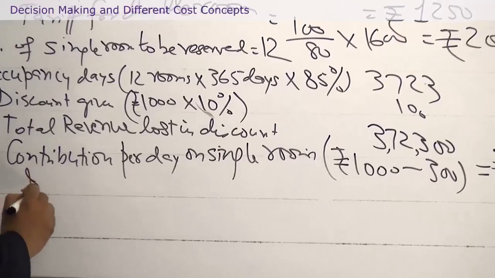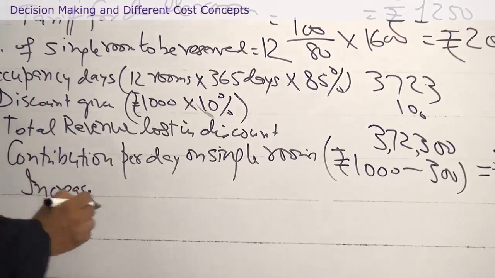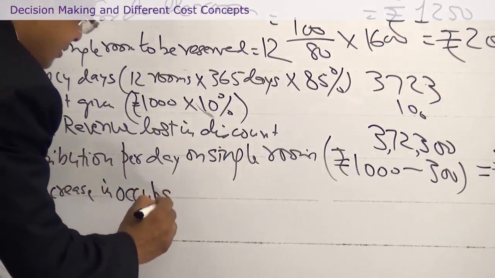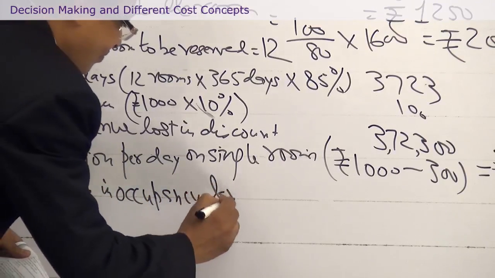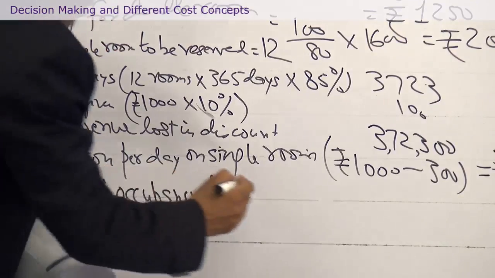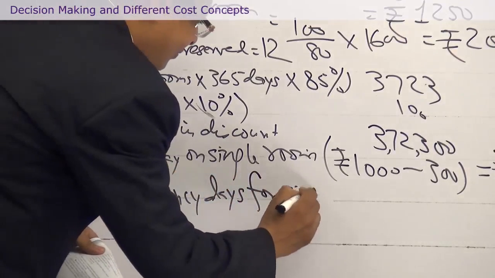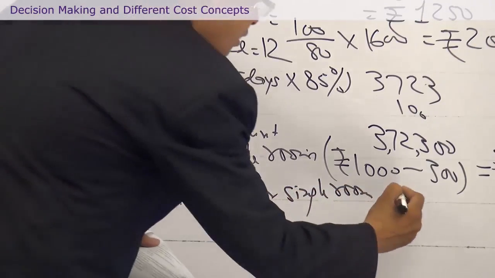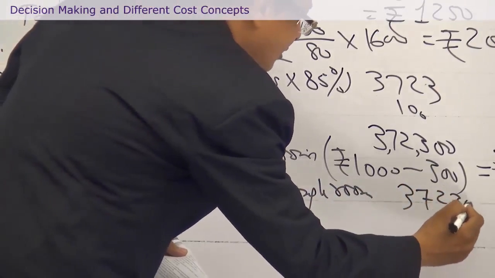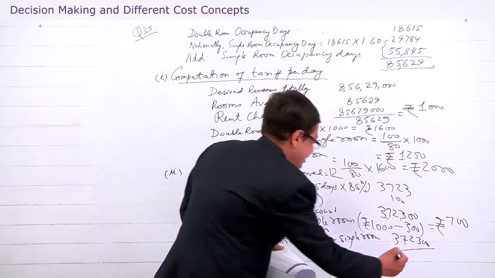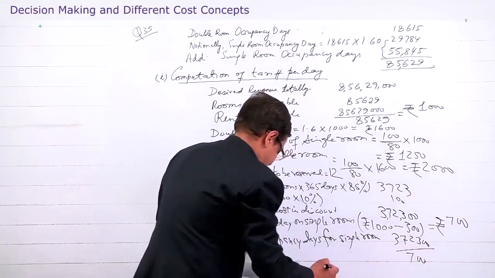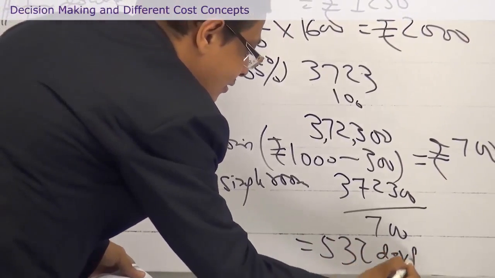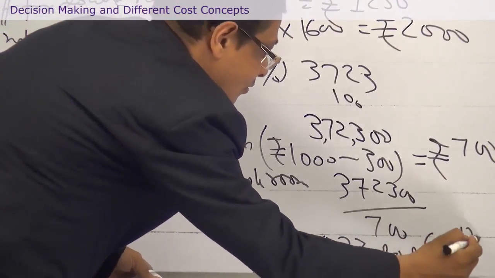So increase in occupancy days for single room will be 3,72,300 divided by 700, which means 532 days approx.